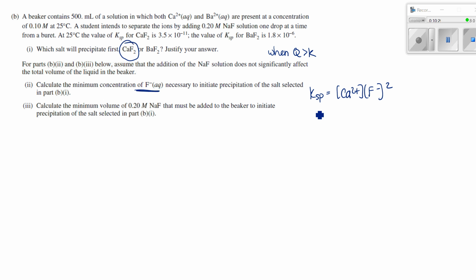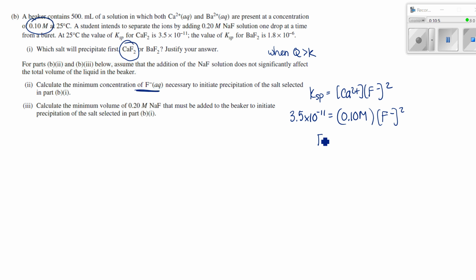We know that the value of Ksp for calcium fluoride is 3.5 times 10 to the negative 11. The concentration of calcium ions in the solution is 0.1 molar. So those things we know for sure, those are fixed values. Looks like the only thing we don't know is the concentration of your fluoride ions.